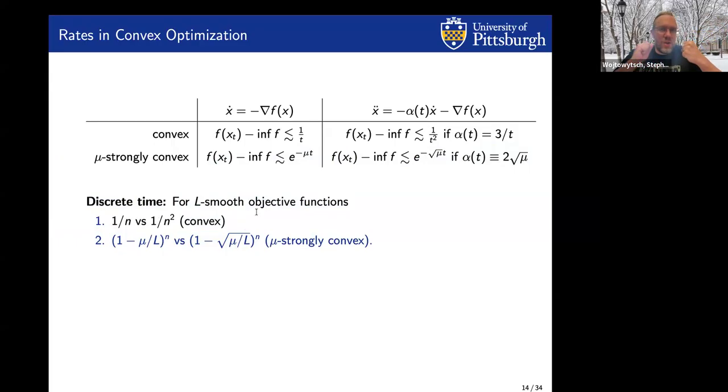This is for convex objective functions. Instead of 10,000 iterations, we suddenly only need 100. Instead of a million, we only need 1,000. So there is a huge increase, and the constants in both of these estimates are actually comparable.